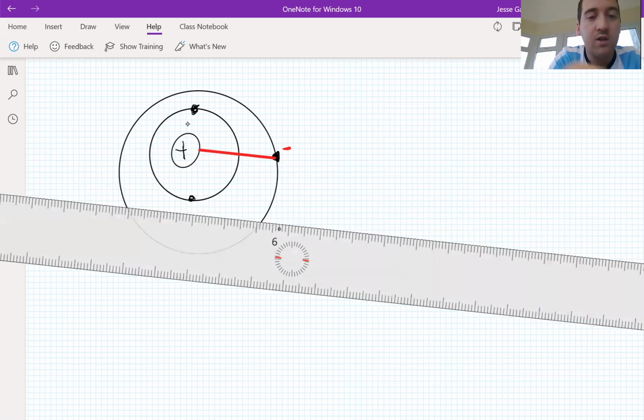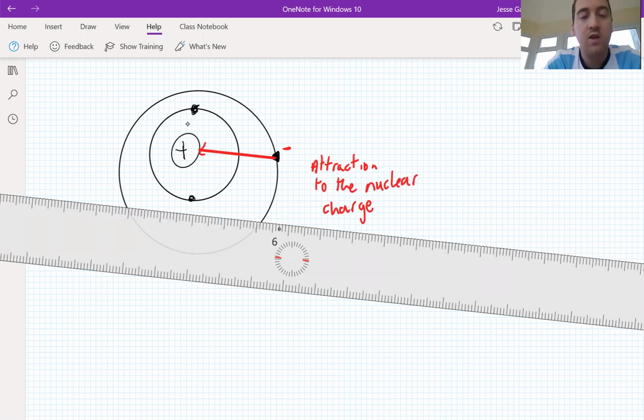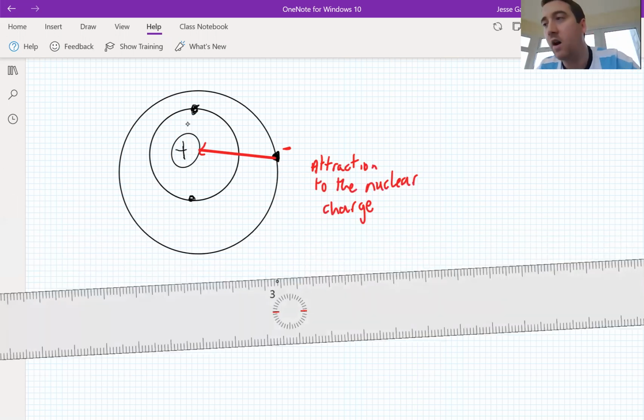We say they have an attraction to the nuclear charge. That is what keeps electrons from heading off and going wherever they want. Now, this is an atom which just has electrons in the first and the second energy level. So it's a small atom, it's only got 3 electrons. It's got 2 electrons in the first shell, and it's got 1 electron in the second shell.